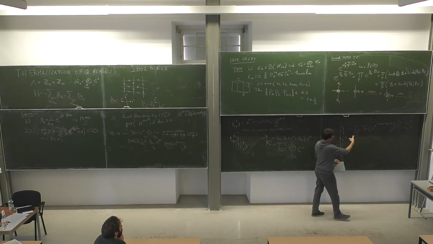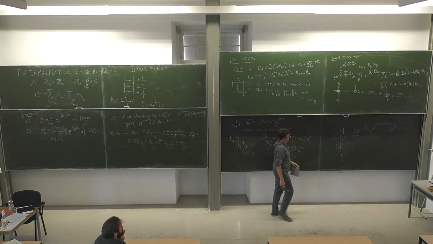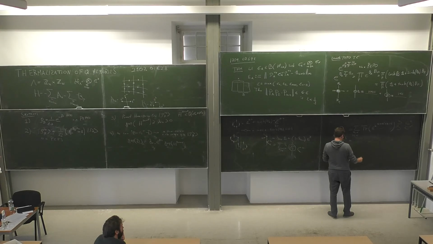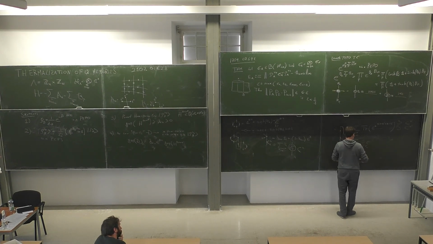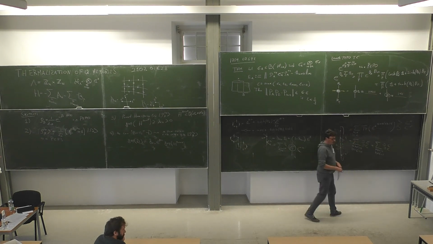And so you see that that number is 0 unless the exponent vanishes. And so there are 2 reasons for which this can vanish. One is that A and A prime are 0 and B and B prime are 0. Or because they are both equal to 1. So you have these 2 cases.